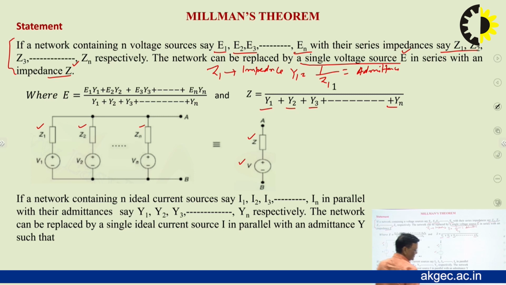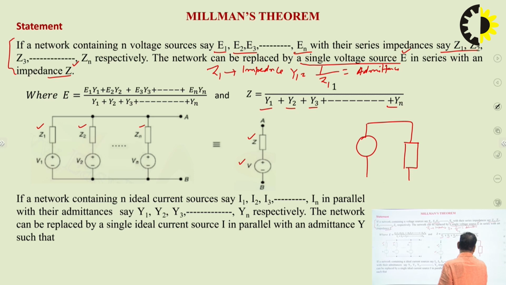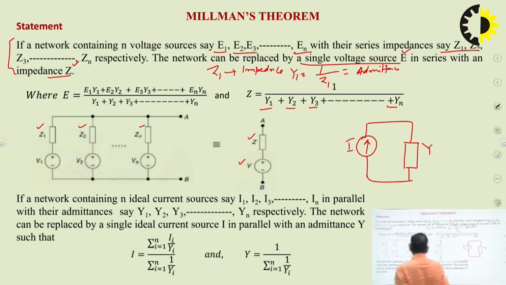So, the energy sources can be voltage sources or current sources. In the case of the voltage source, we simplify in this way. In the case of the current source, we carry out this way. So, I1, I2, I3 can be replaced by a simple current source I with admittance Y, and this I and Y can be given by these two equations.